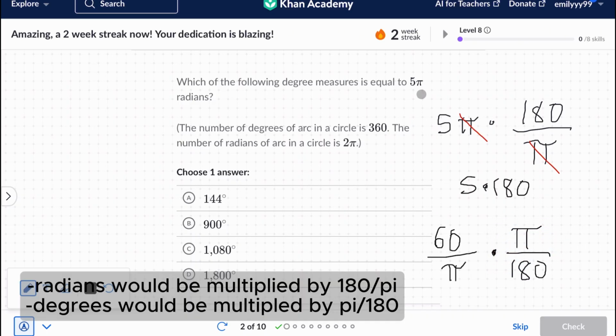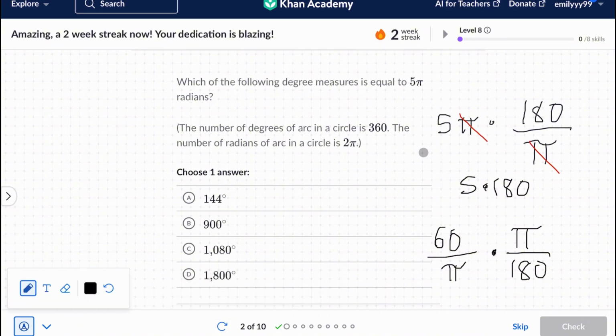So when we have radians right here, it's with pi, and so we know to multiply it by a fraction that has pi at the bottom, and the degrees right here doesn't have pi, so we know to multiply it by the fraction that has pi at the top. The fraction always is 180 and pi, but where they stand on the numerator and denominator is where it changes. So 5 times 180 is 900 degrees, so it should be B.